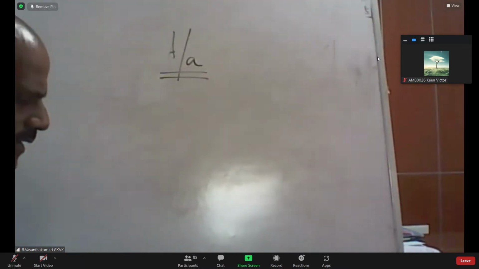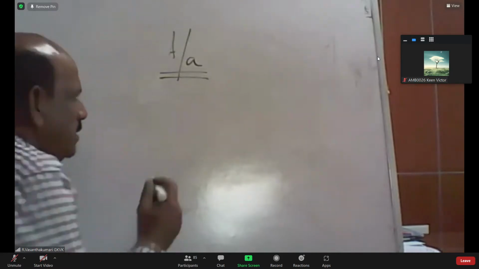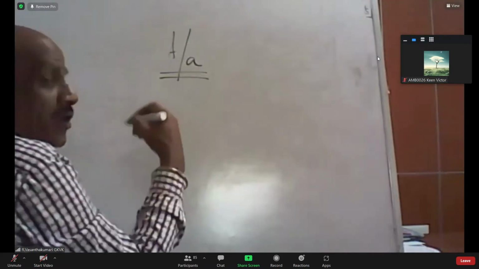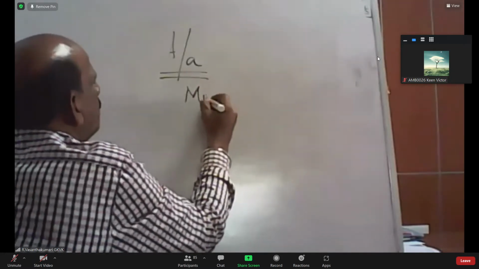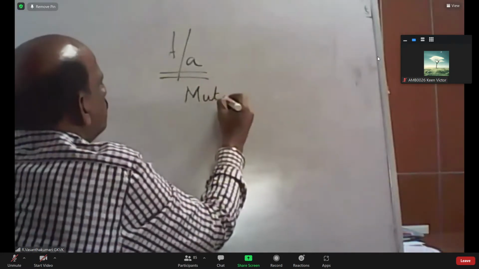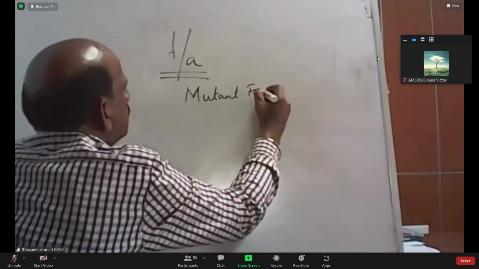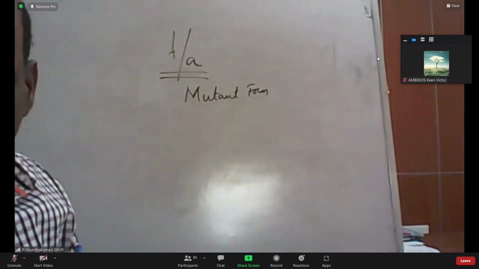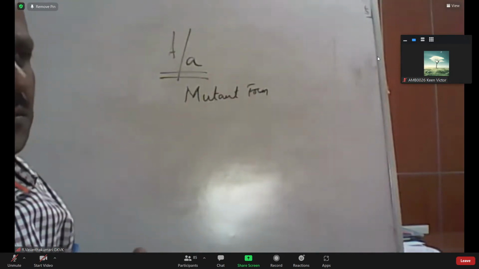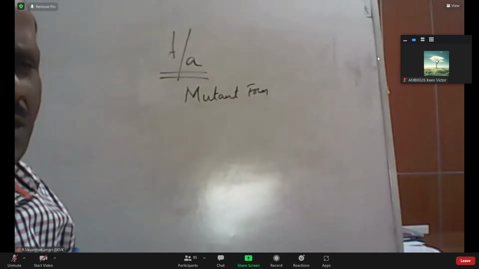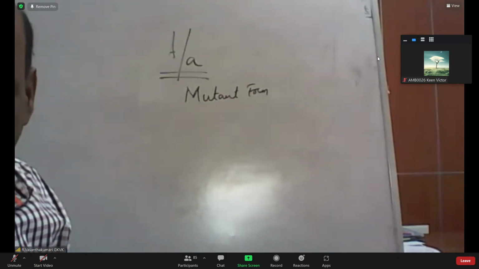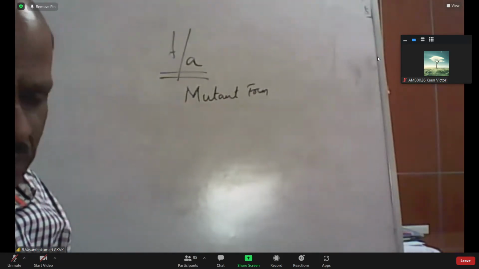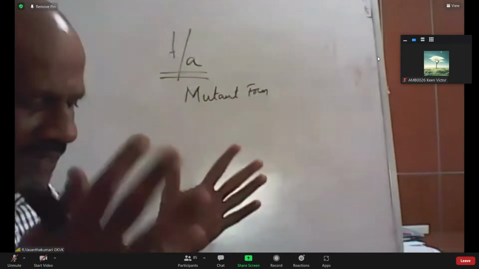Now, in genetics, we generally give more prominence or relevance to the mutant form. You get it? The wild allele or the dominant allele is not given that importance. The mutant allele is given more importance. For example, plant height.